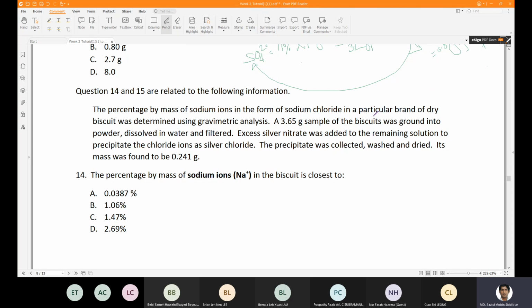A 3.65 gram sample of biscuit was ground into powder, dissolved in water and filtered. Excess silver nitrate was added to the remaining solution and silver chloride was precipitated. The precipitate was collected, washed and dried. Its mass was found to be 0.241 gram.